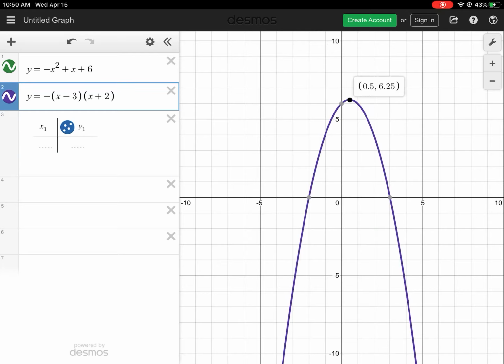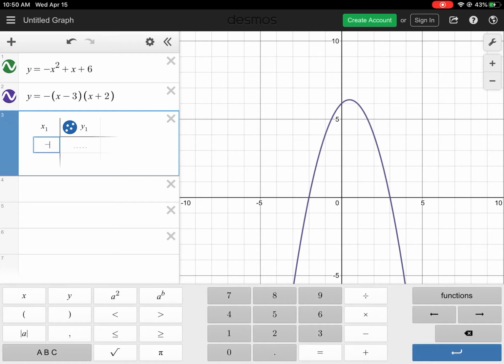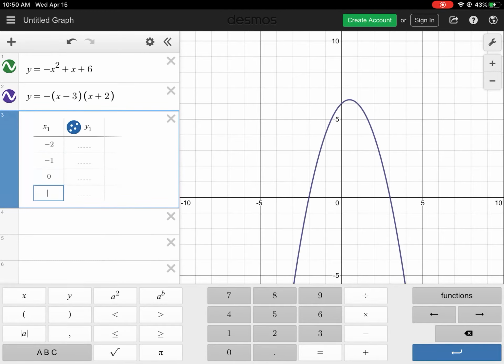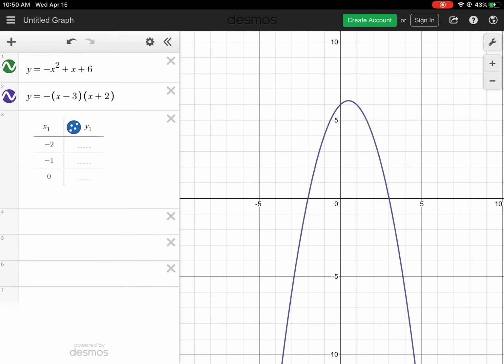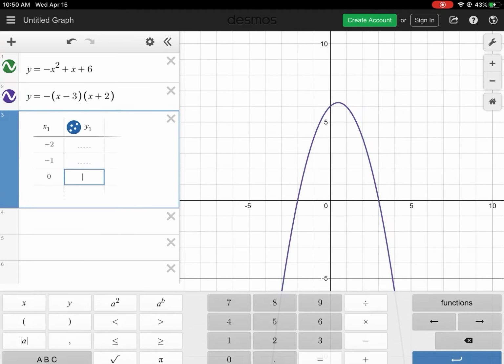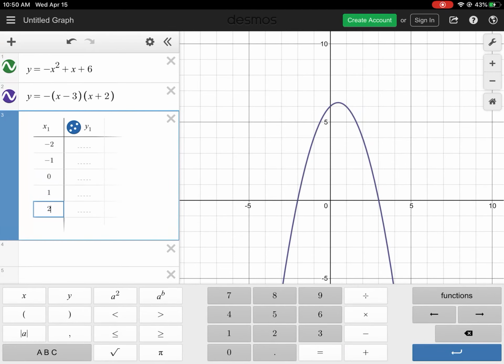So let's test the points negative 2, negative 1, 0, and those are on the left side of the vertex. And then now I should have 1, 2, 3. So what happens if I plug in negative 2 into my equation?